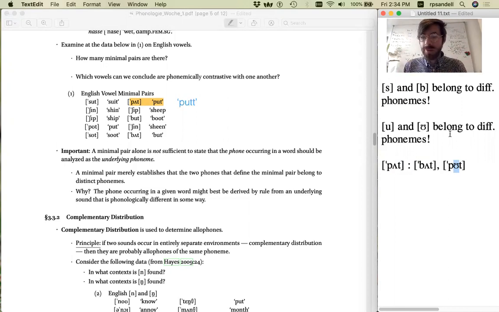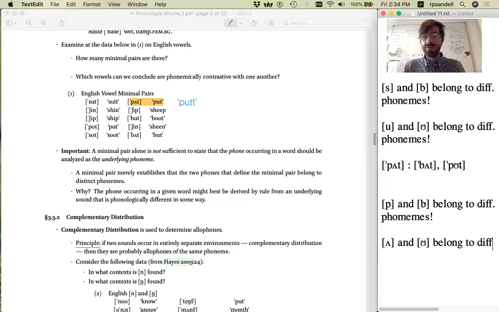So similarly, now we can draw conclusions of a similar type, namely that the phones p and b belong to different phonemes, and the vowels likewise belong to different phonemes.